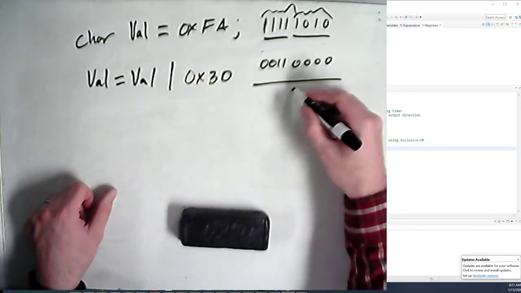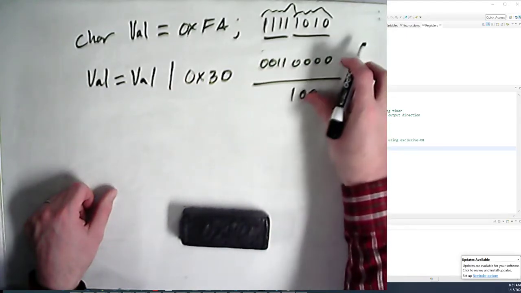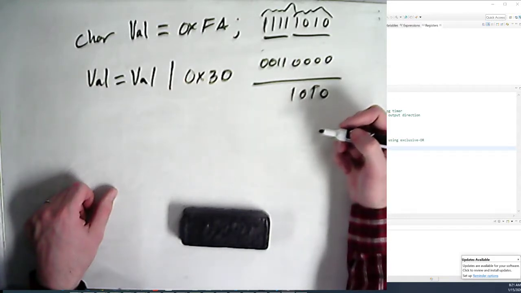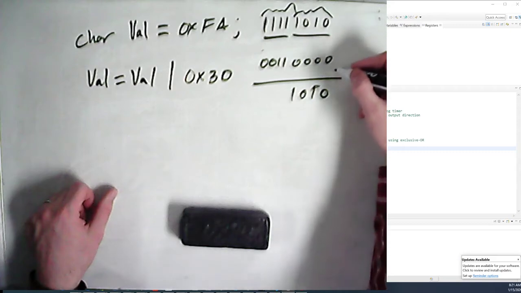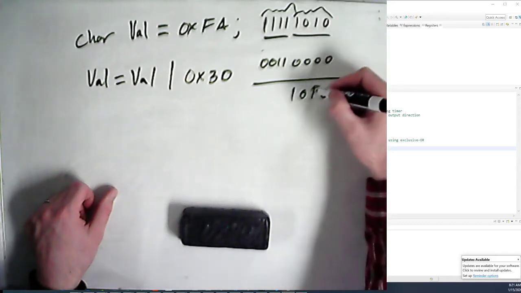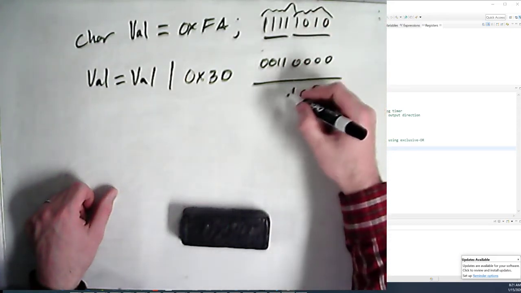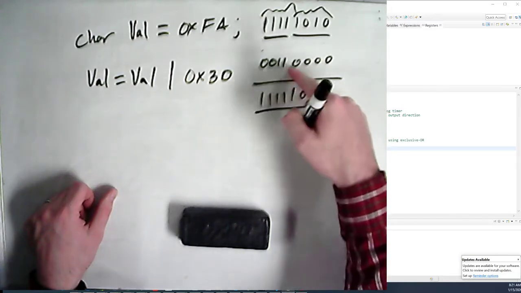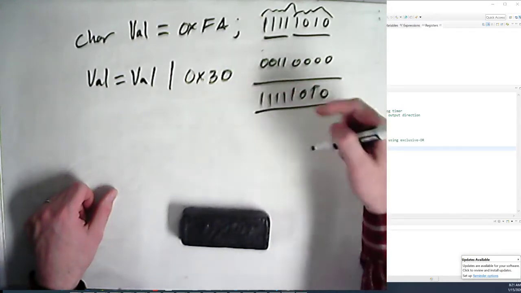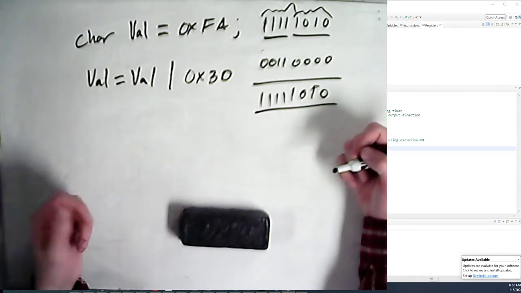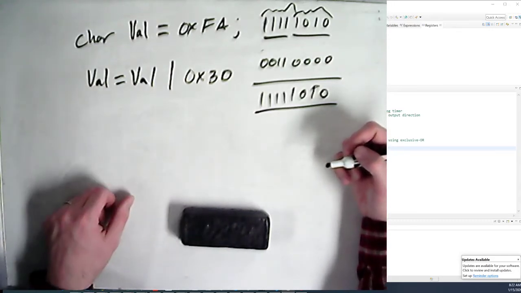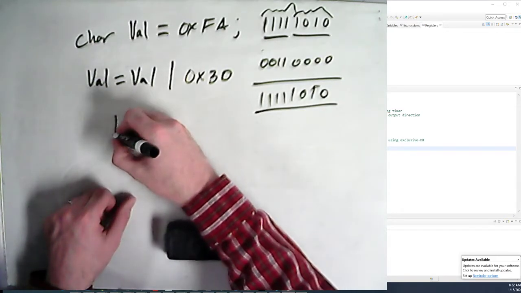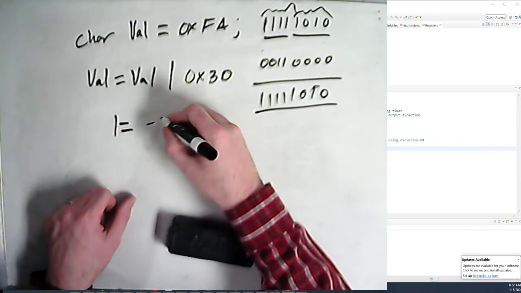Because the least significant 4 bits, 1, 0, 1, 0, are just going to be translated through: 0 or 0 is a 0, 1 or 0 is a 1, etc. 1 or 1. And these 4 are not going to change at all. But we didn't know what it was before, and especially if we don't know what something is before, this works really well. So OR equals is bit set.